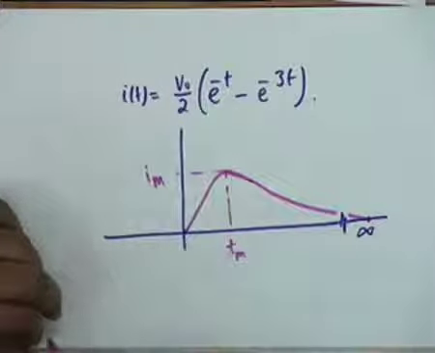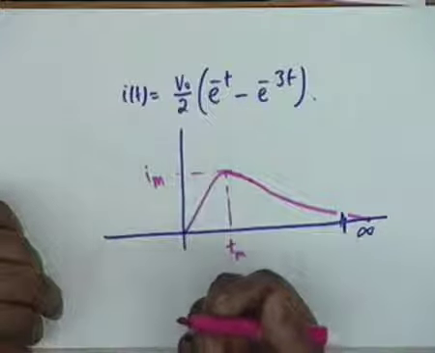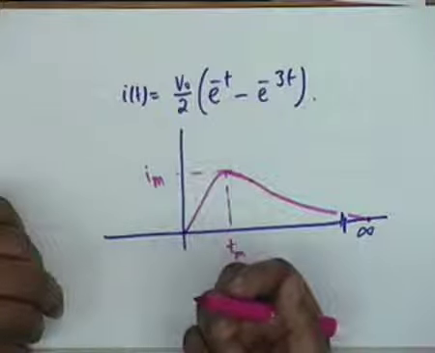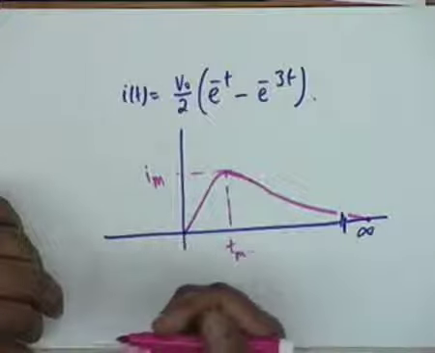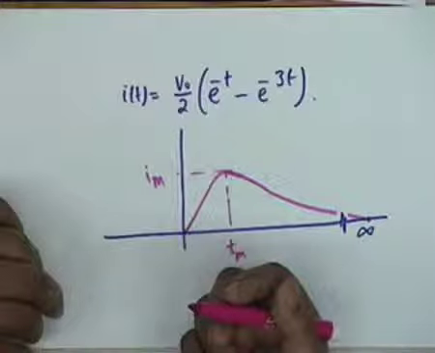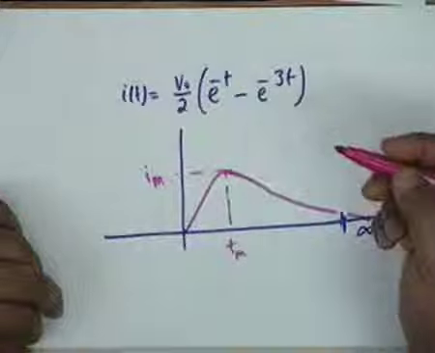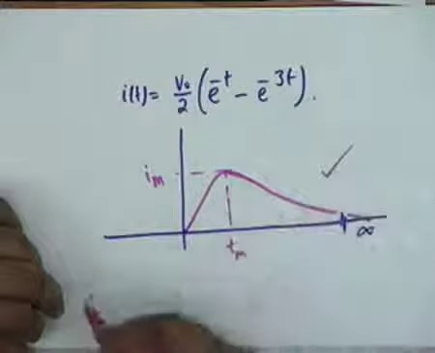One can also find out the total charge delivered to the circuit. What do you think will be the total charge? It will again be C times V naught, that is 1/3 V naught. If you integrate this from 0 to infinity, you shall get the same expression.